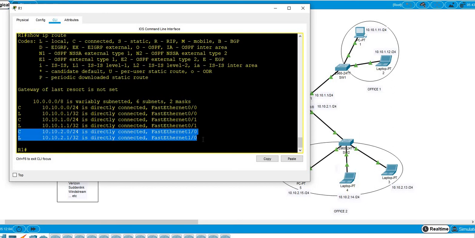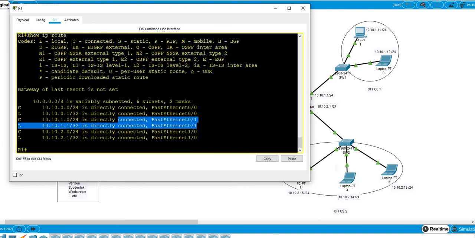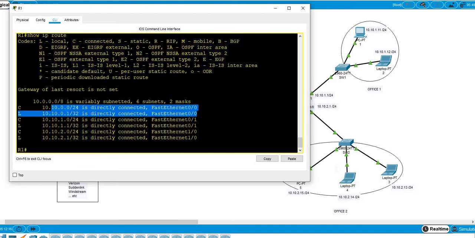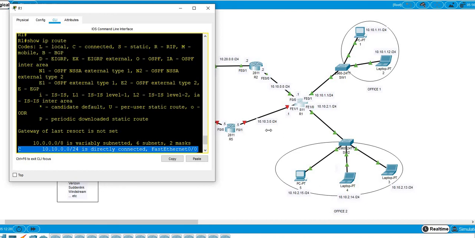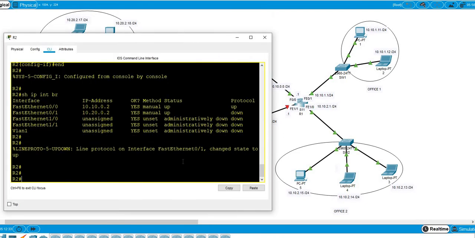This is the network towards Office 2, and then it's locally connected to that network as well, which is towards Office 1, and then it's also connected to the 10.10.0.0 subnet, which is this one towards R2. Okay, so that's good. If you check R2, it should be the same.